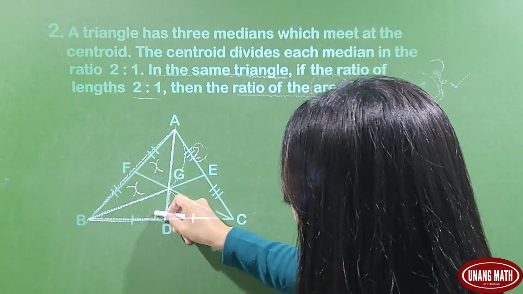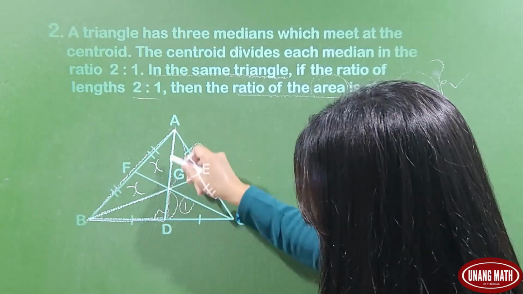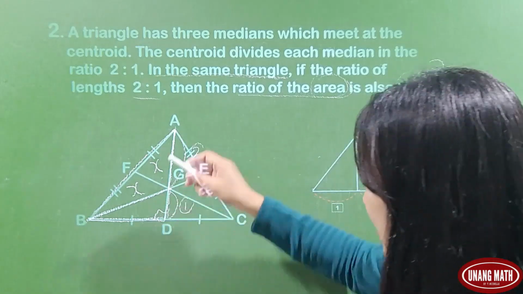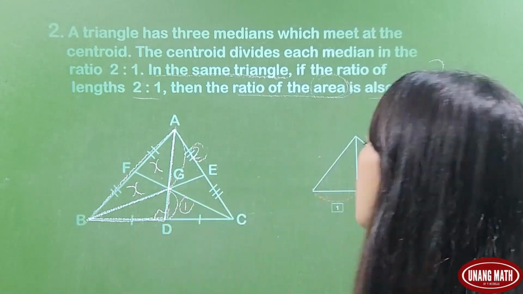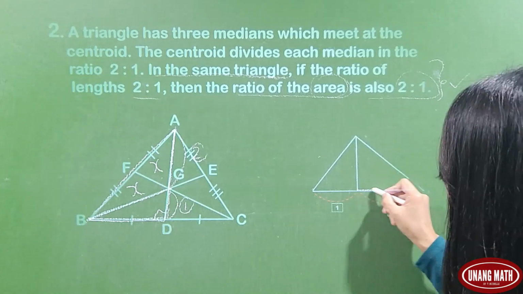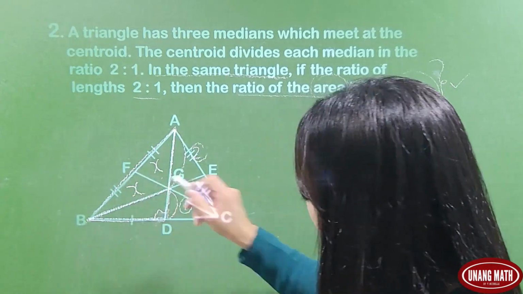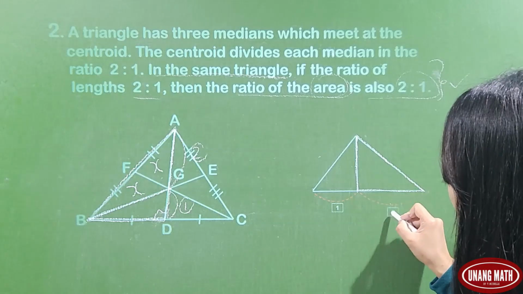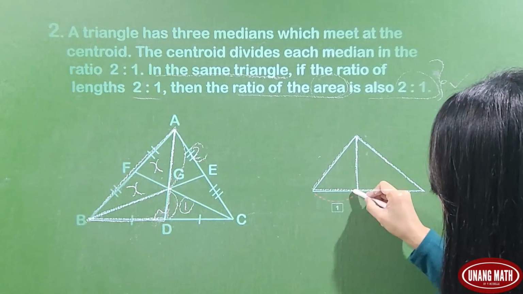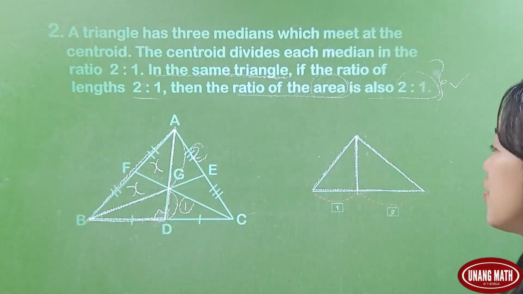So they have the same height, but the bases are different. As I mentioned, this is in the ratio 2:1. So we can conclude now that the area of triangle ABG is 2 times the area of triangle BDG.